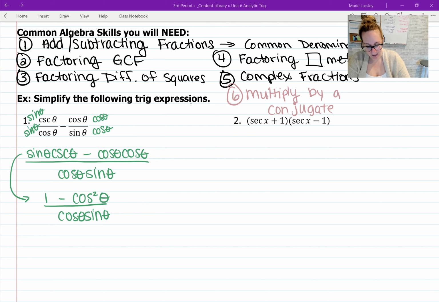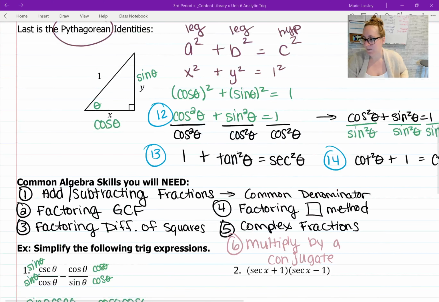Now, this right here should start to look familiar: 1 minus cosine squared. You don't have a 1 minus cosine squared, but if you scroll through your identities, you do have cosine squared plus sine squared equals 1, number 12.